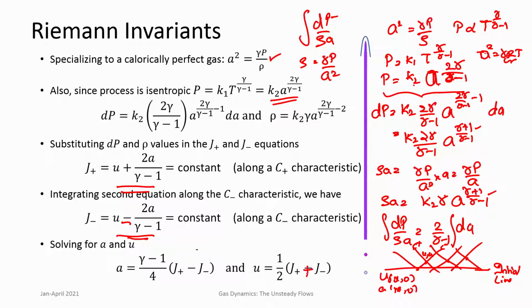These are the equations for solving a and u separately. So the way solutions of this kind are done is you have an initial line, and then you can solve the field at any space and time.